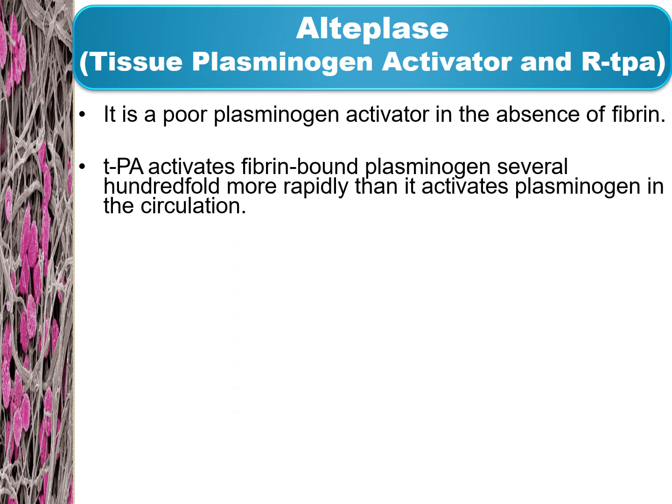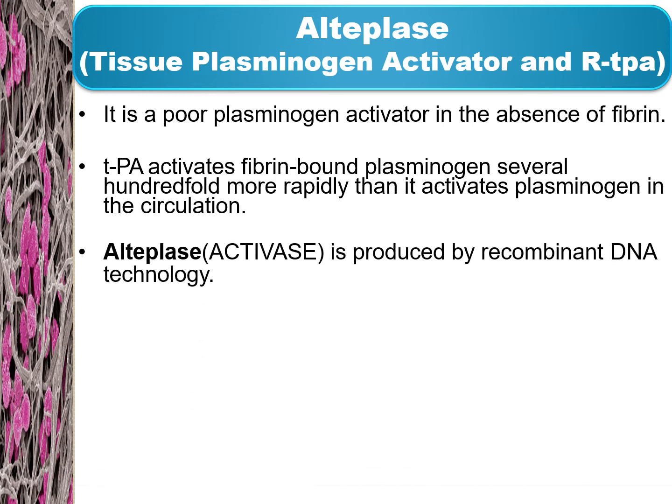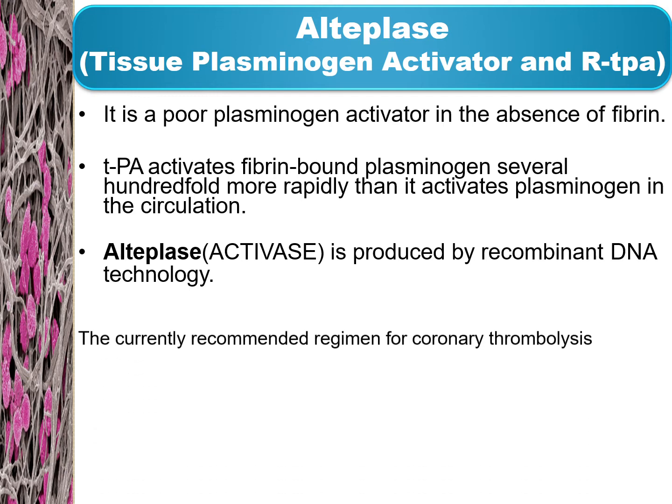Tissue plasminogen activator activates fibrin-bound plasminogen several hundred-fold more rapidly than it activates plasminogen in the circulation. Alteplase, marketed as Activase, is produced by recombinant DNA technology.